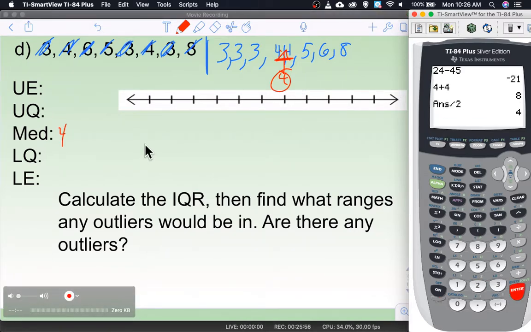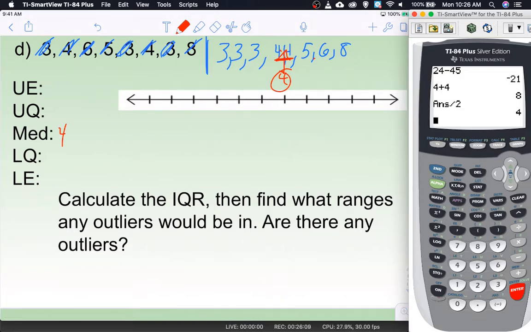Now when I'm finding my quartiles, my upper quartile is the middle of these 4 numbers. I'm not counting the median, but I'm allowed to use him. 4, 5, 6, 8, which makes the upper quartile right here: 5 plus 6 divided by 2 is 5.5.